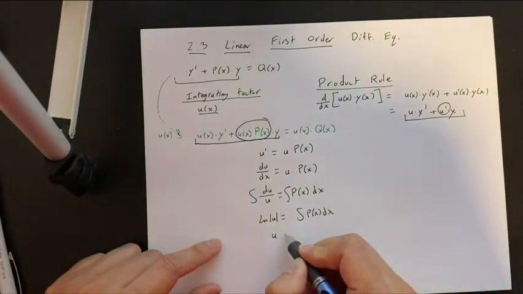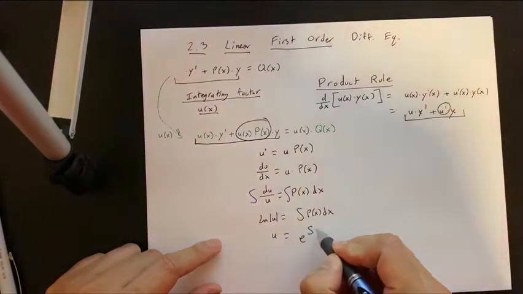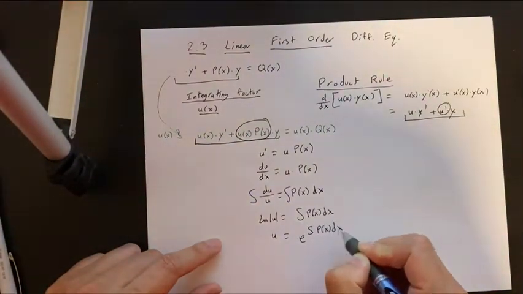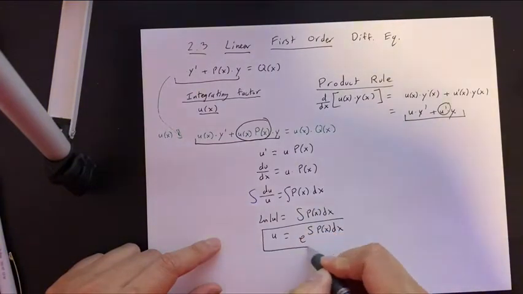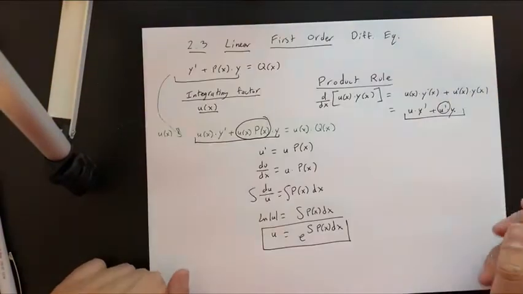And so what should u be? U is e to the integral of p of x dx. So here we found what u should be.